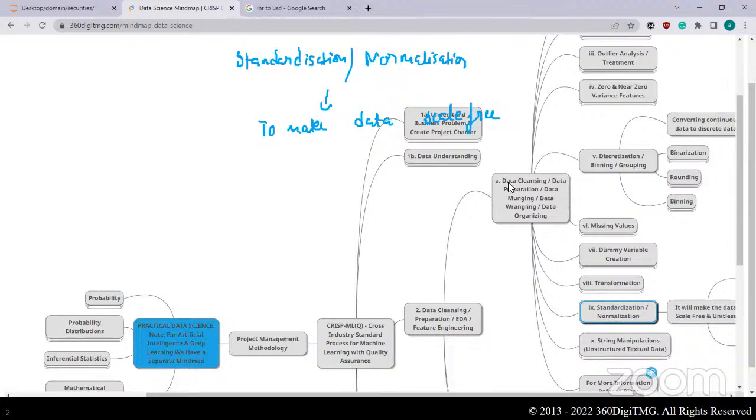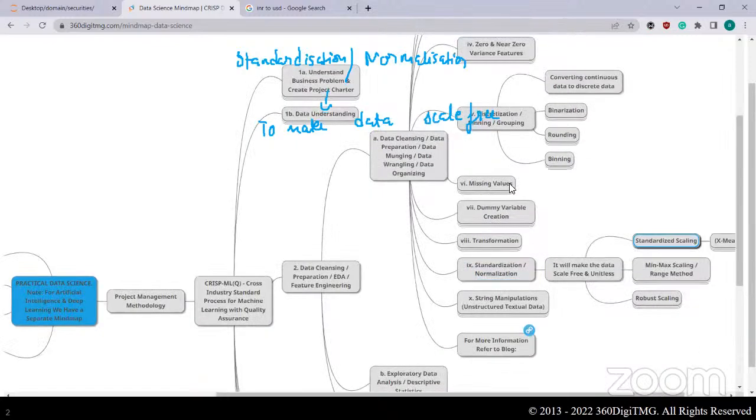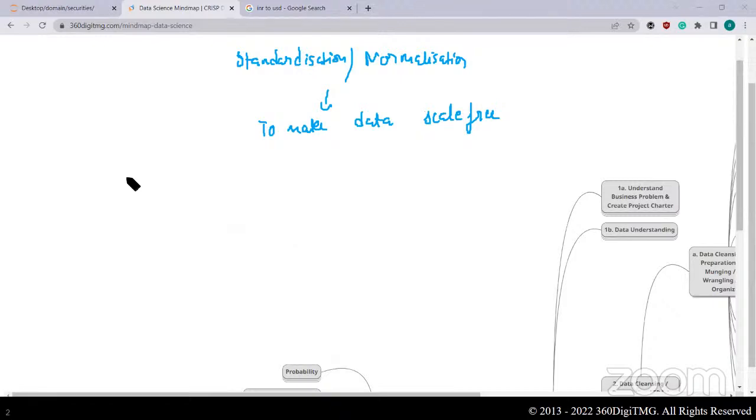The first way is called standardized scaling. In this, you find the mean as well as the standard deviation of the data. Then what you do is you take x of i minus the mean for i equals 1 up until n, and you divide it by the standard deviation.